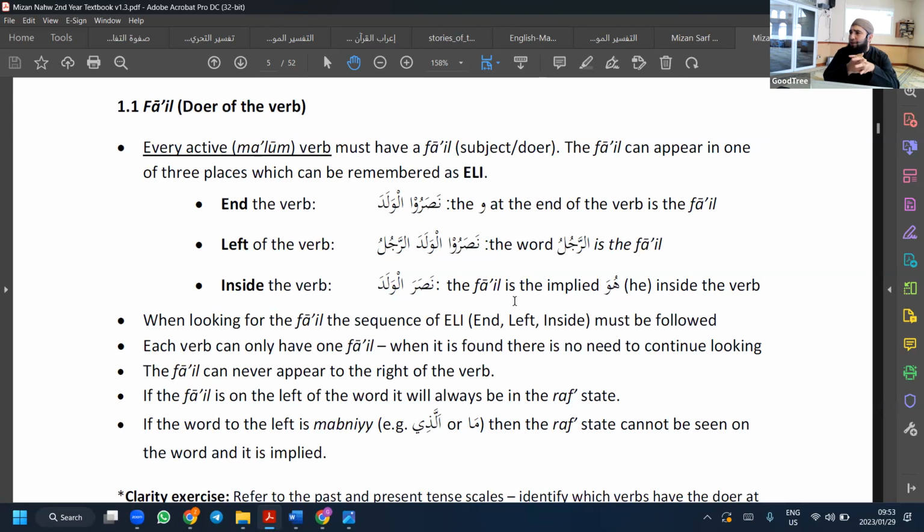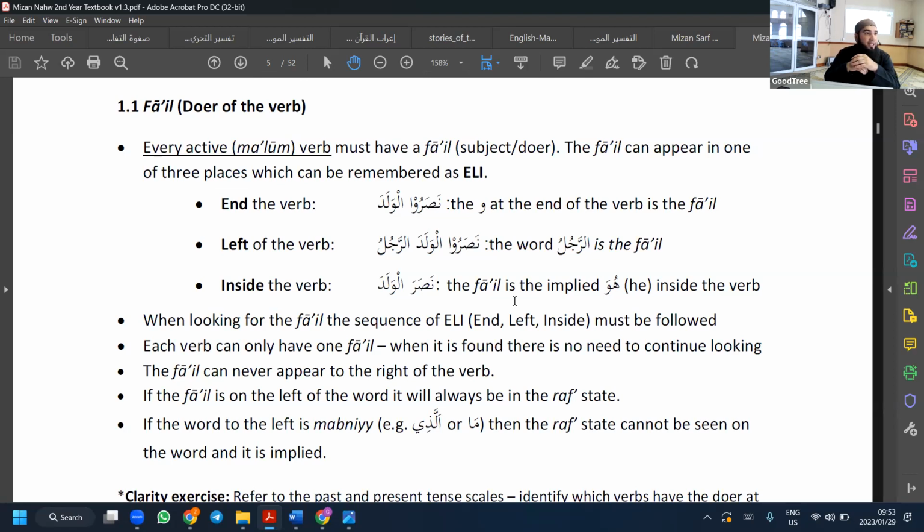What else do you know about the fa'il? How do you go about finding the fa'il? Ili. It's either at the end of the verb, or what's to the left of the verb, or inside. So whenever you see a fi'l that's ma'loom, it will be there.